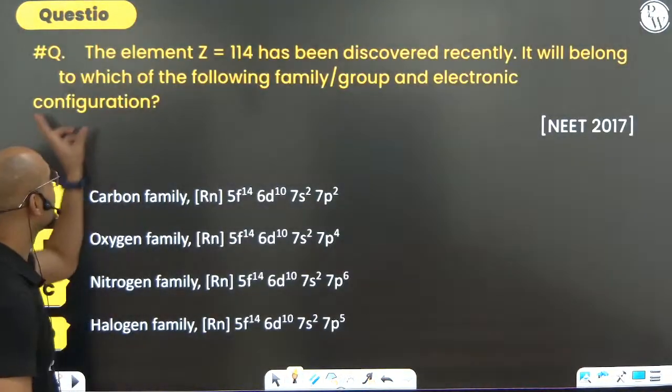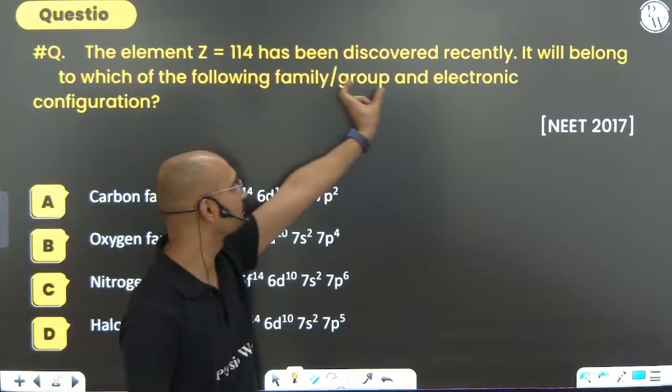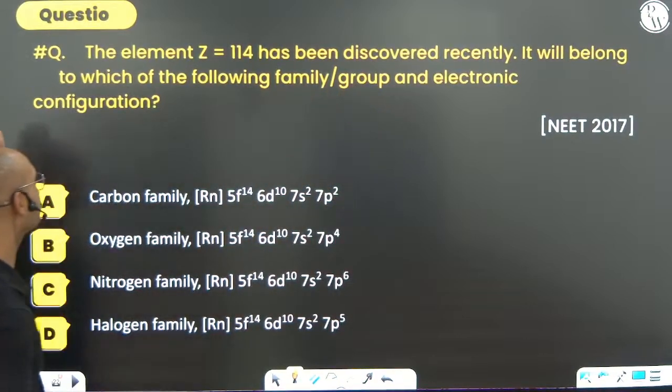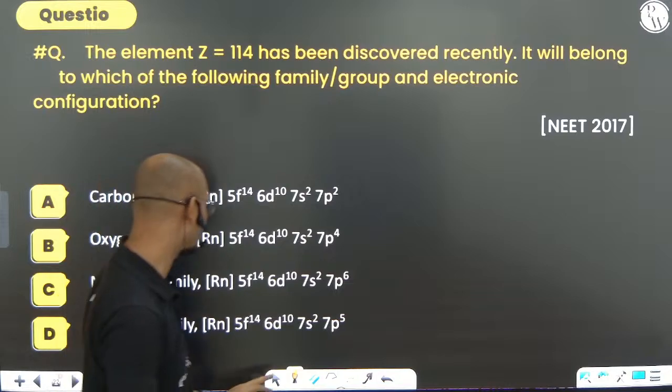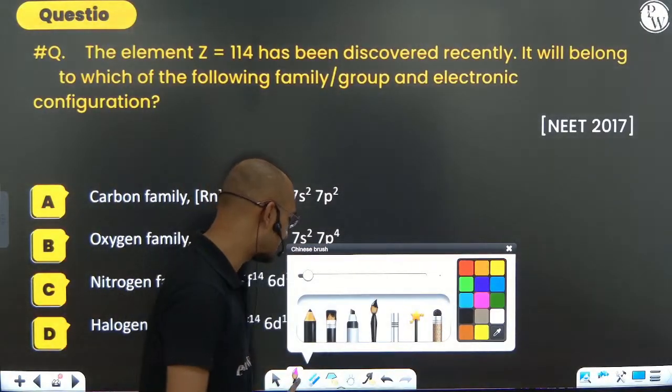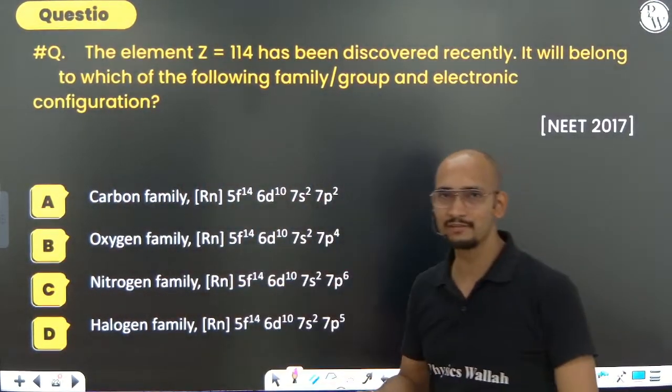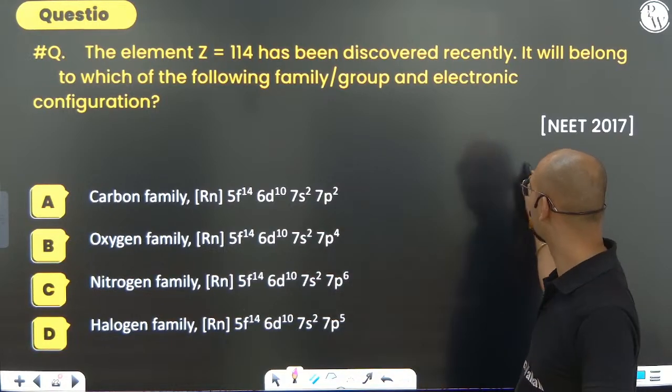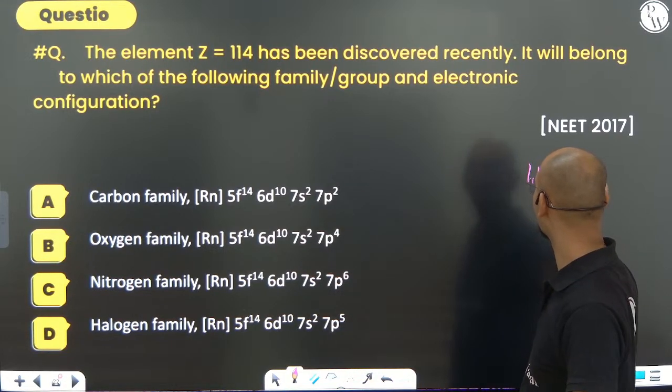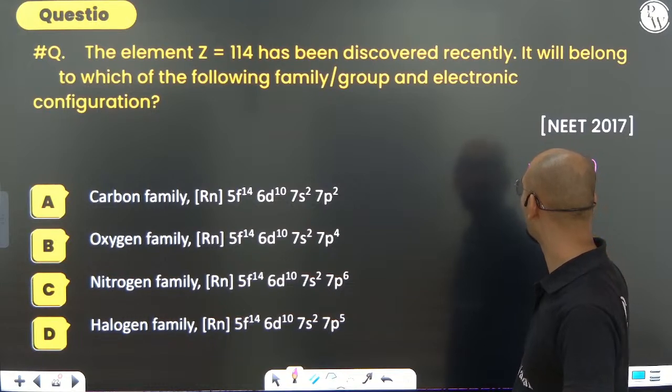Next. The element Z equals 114 has been discovered recently. It will belong to which of the following families or groups in the electronic configuration? As I have already told you, think the opposite way. We know that 118 is oganesson, a noble gas.